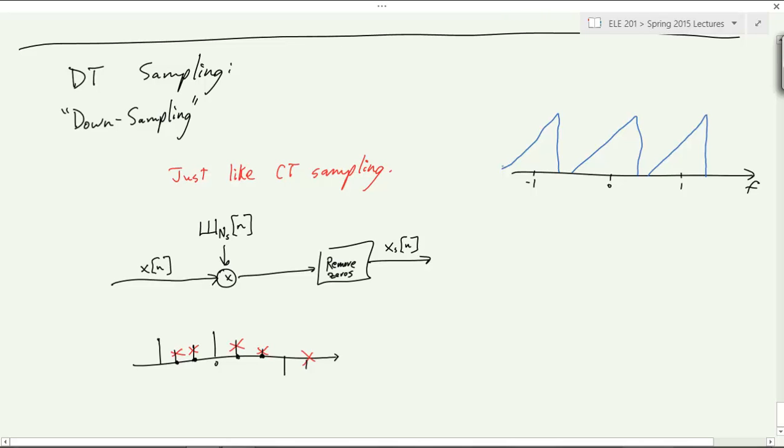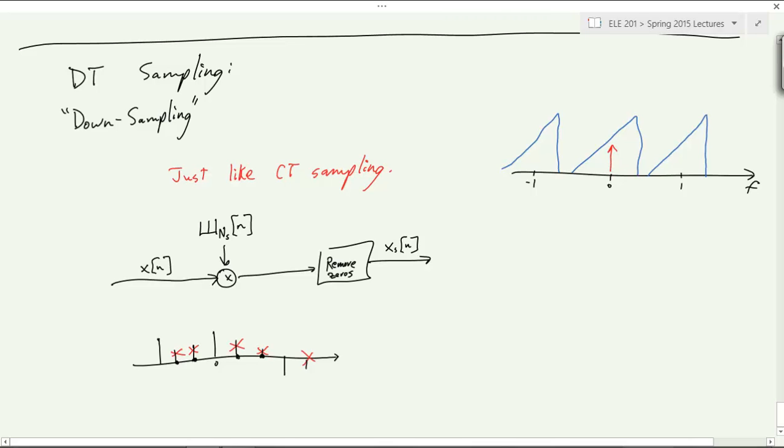Now, when we do this multiplication, the Fourier transform of that impulse function is also an impulse train in frequency at 1/3, just like we'd expect.